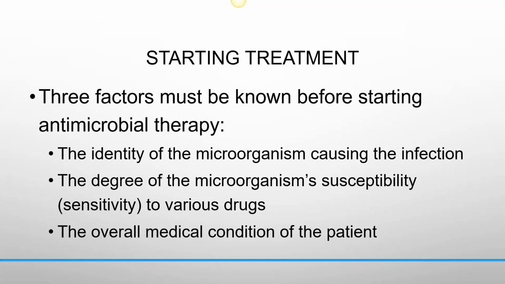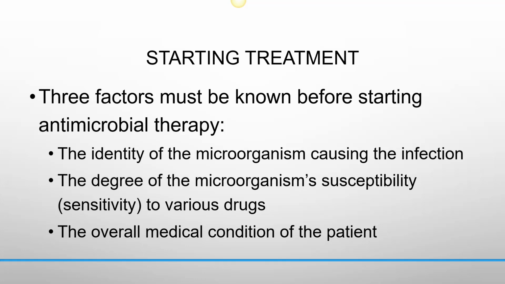And when you expose a microorganism to a drug, you're selecting for resistant strains of that microorganism. The resistant ones are not going to be affected by the drug, but the drug's going to wipe out all of the ones that are susceptible, leaving the resistant ones. So that's a problem. And then you have repeat infections that keep coming back because the antibiotics just don't work.